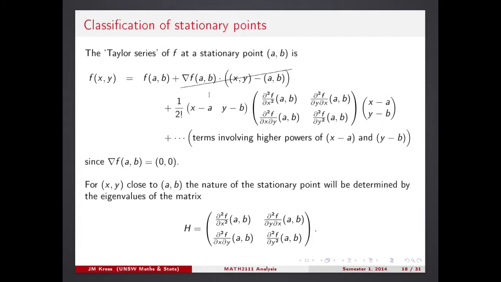When you study your function near the stationary point, the first non-constant term in the Taylor series expansion disappears because the gradient is 0, and the leading role is taken by the second one.